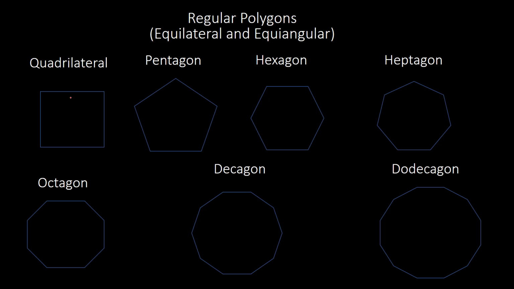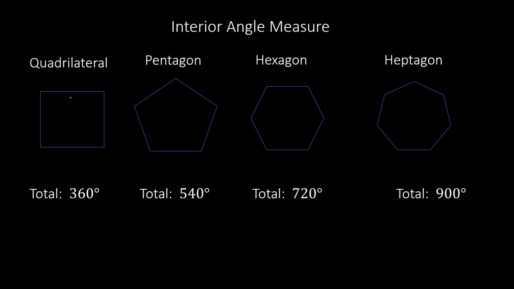Now looking back at the previous slide where I'd found the angle measure for each of these different polygons, this is the sum of the interior angles, meaning if I add up these 4 angles together, I'm going to get 360 degrees. Same thing for the other ones. If I add up all these 5 angles, I'm going to get 540, and so on.